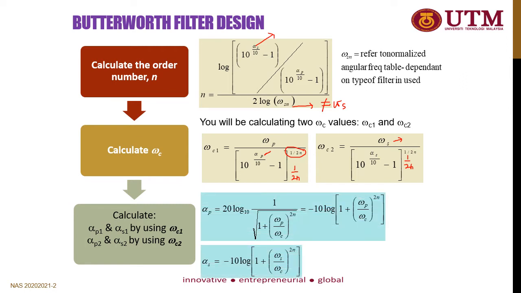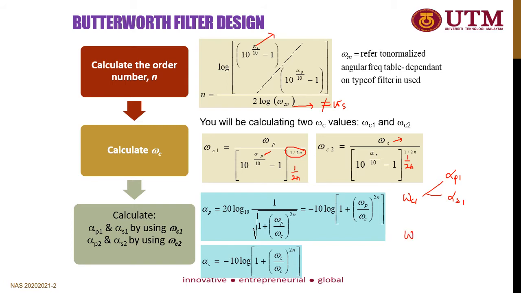Once you have omega c1 and omega c2, you don't know which cutoff frequency to be used, so you need to validate those values in the alpha p and alpha s equations. Alpha p is the passband gain and alpha s is the stopband gain. By using omega c1, you need to calculate alpha p1 and alpha s1.